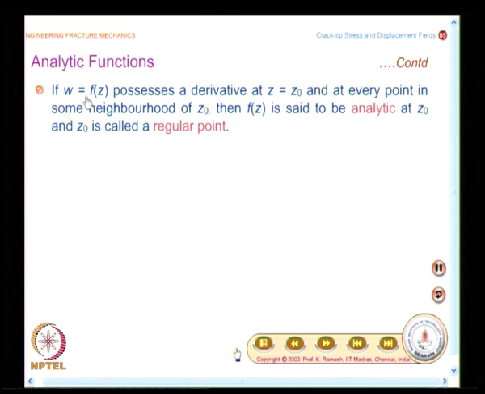If w equal to f of z possesses a derivative at z equal to z naught, and at every point in some neighborhood of z naught, then function f is said to be analytic at z naught, and z naught is called a regular point.